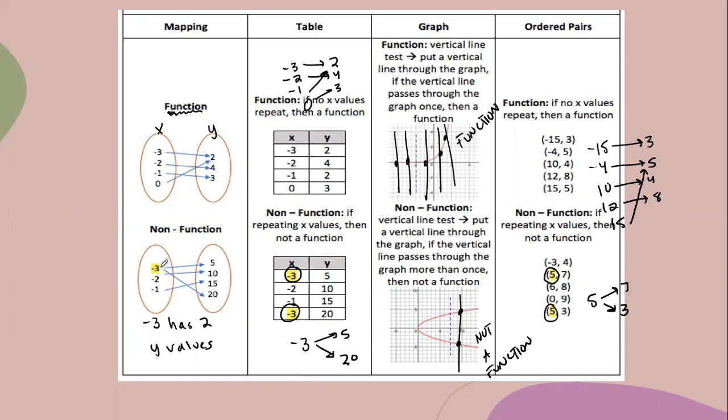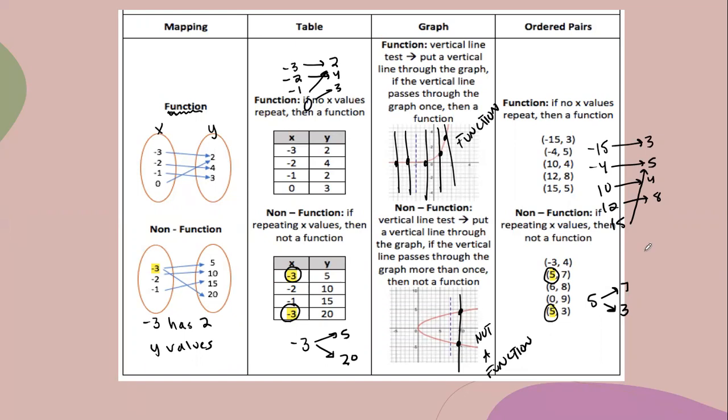Yes. For the table, if they're repeating, that's not a function. And for the graph, if the line hits it twice, it's not a function. And for the ordered pairs, it's the exact same thing as the table, if they're repeated, then it's not. Perfect. If the x is repeated, it's not a function. Perfect. Thank you, Lara, for reiterating.